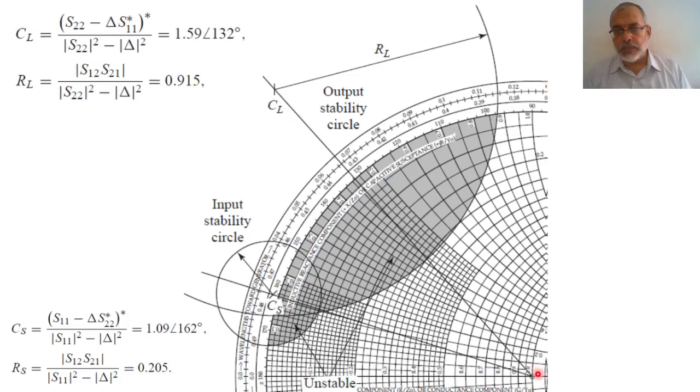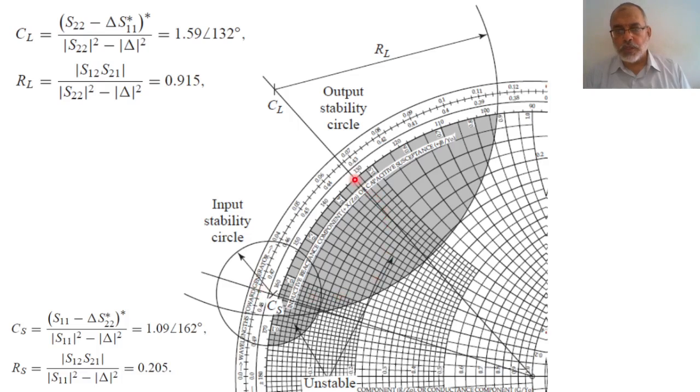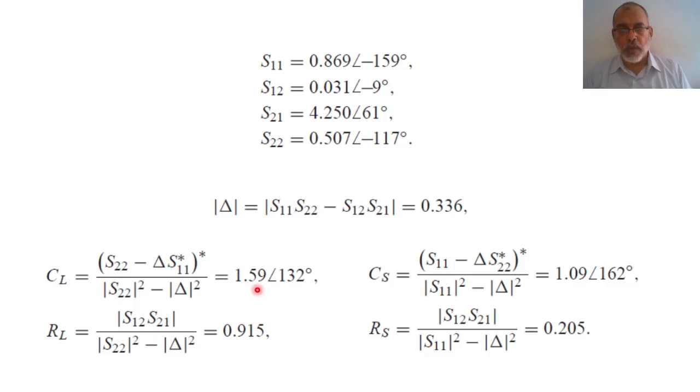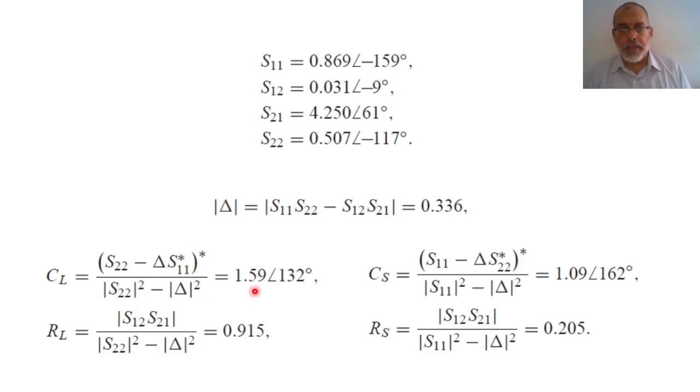Now, by scaling this value from unity to 1.59, I'm going to measure this length and multiply it by 1.59 to obtain the radius to CL. The location of CL is at an angle of 132 degrees from the x-axis.